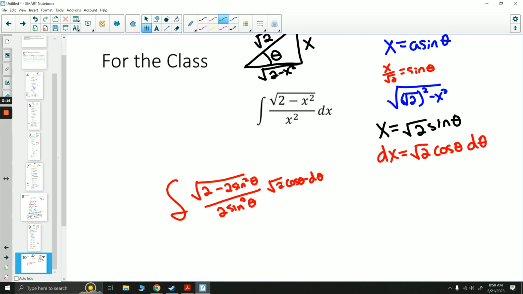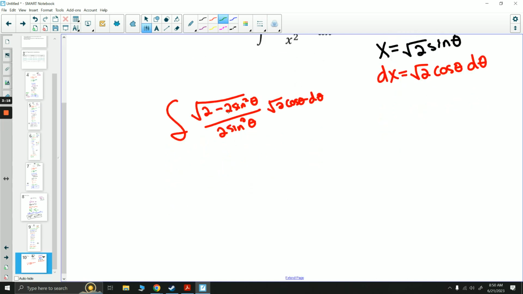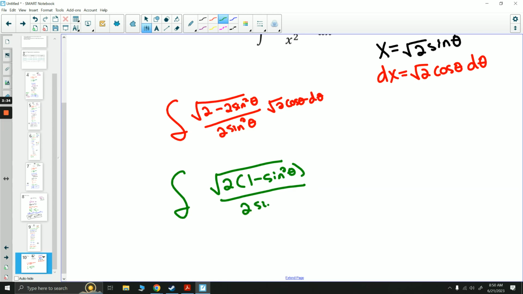All right, so this is pretty ugly. I apologize for the writing there. On top, I can factor out a 2. If we pull out a 2, that leaves behind 1 minus sine squared theta, over 2 sine squared theta, times the square root of 2 cosine theta d theta.